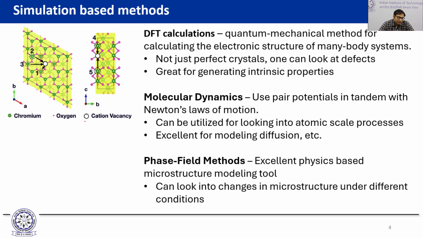Yet another approach for creating synthetic data comes in terms of the molecular dynamic simulations. And so here what you are doing is you are using a pair potential, and that pair potential is essentially an approximation of how the two atoms are going to interact with each other. So we are not getting into the quantum mechanics directly, but the implicit understanding is that the pair potential that we are using for the pair of atoms that we are trying to model is more or less capturing the hidden quantum mechanics in there.